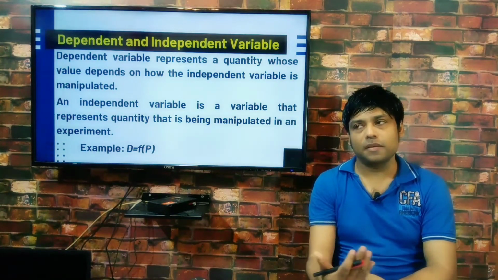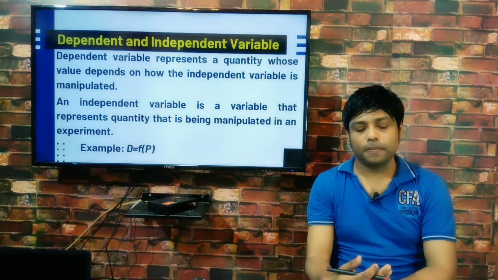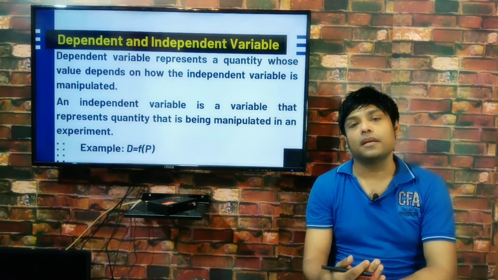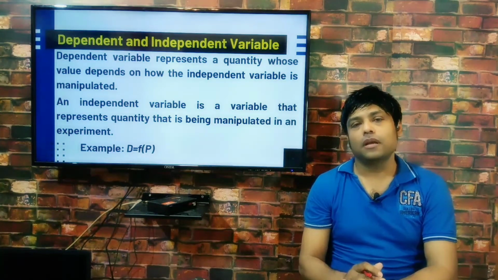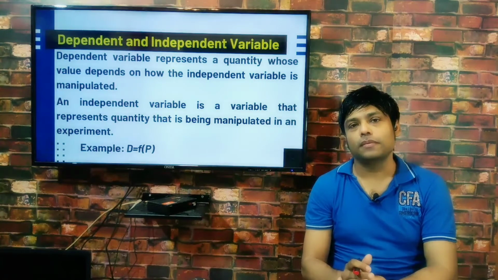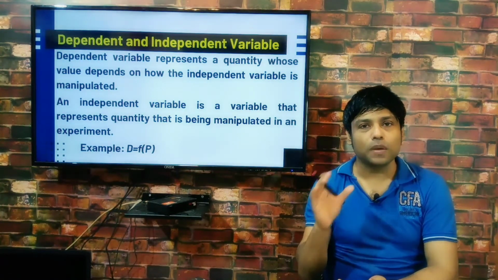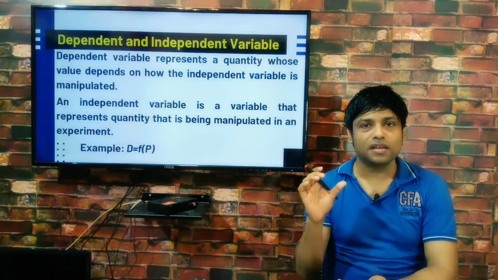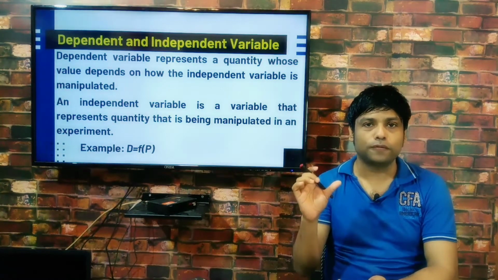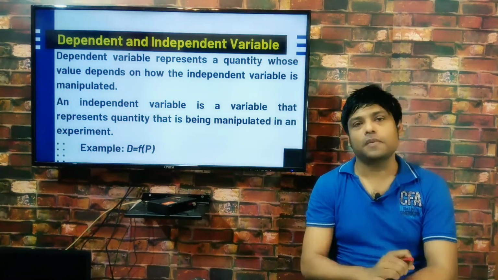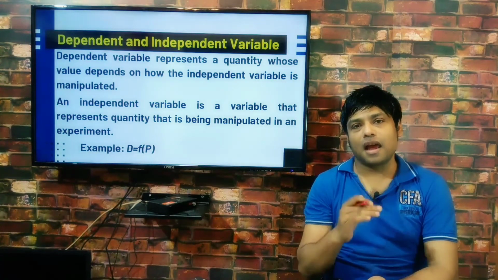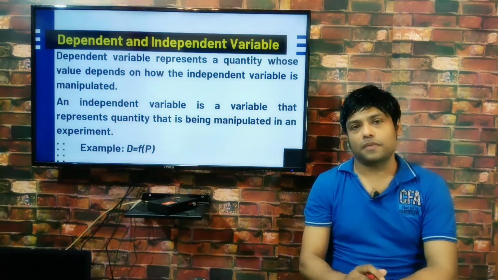Dependent and independent variables. A variable is said to be a dependent variable when its magnitude is related in some unique way to the changes in the magnitude of some other variable regarded as the independent variable.